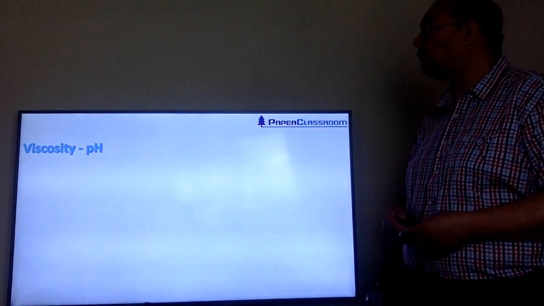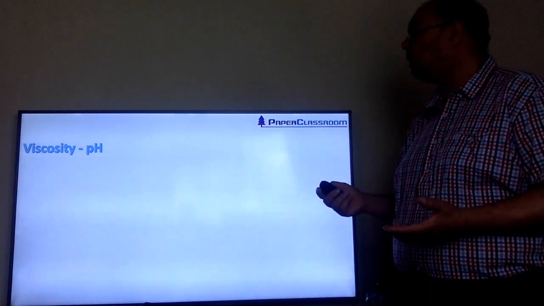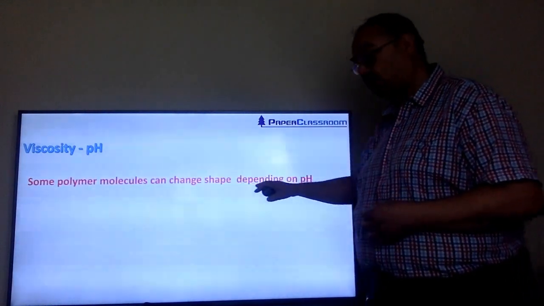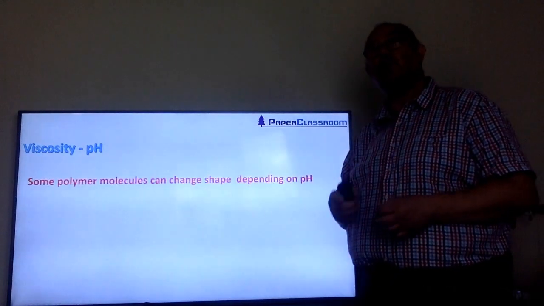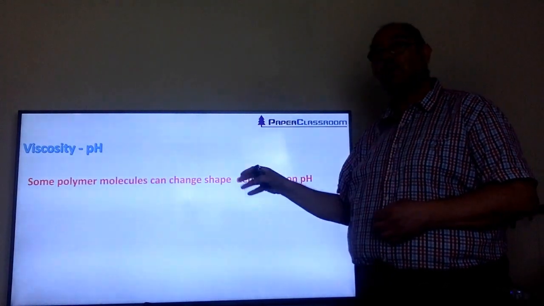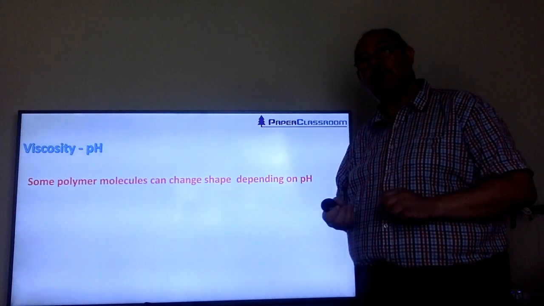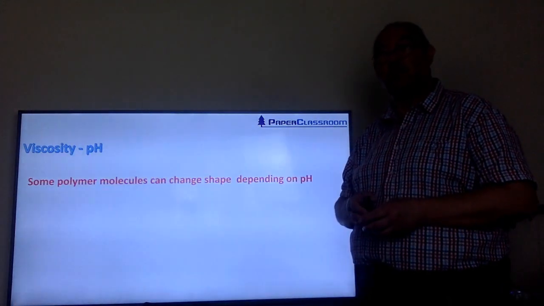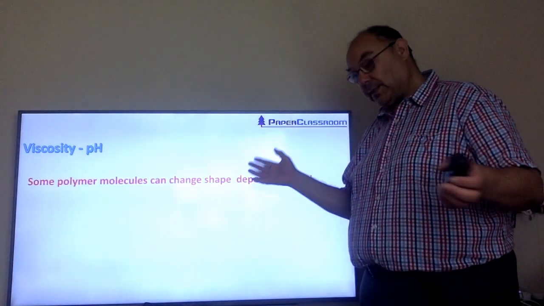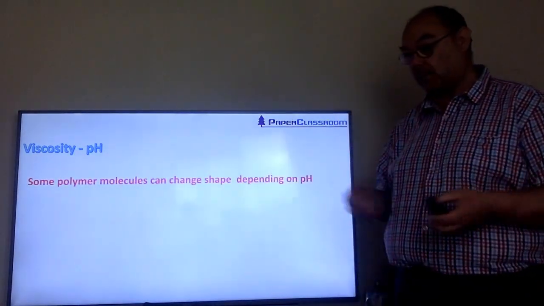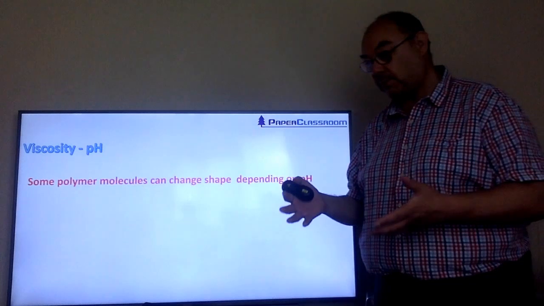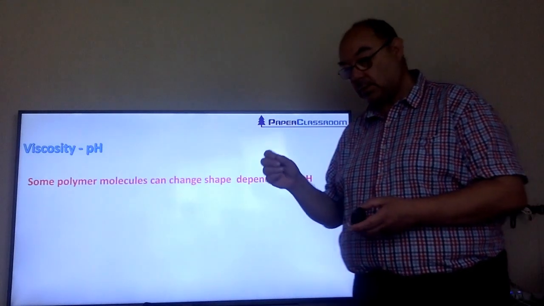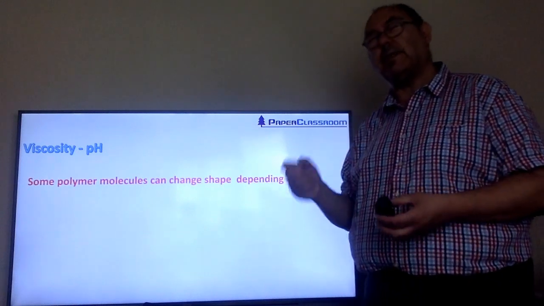And then just a quick mention of pH. Depending on what the molecule is, some particular polymer molecules have a certain shape, and by changing the pH you will change the shape of that molecule, and that in itself will affect the viscosity of the solution. Simple example of this, if you take some common fairly cheap shampoos, they have a certain viscosity.